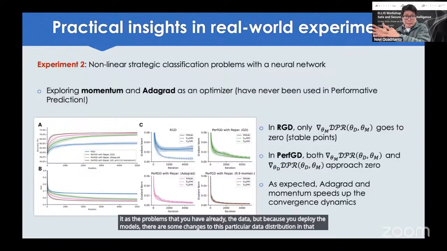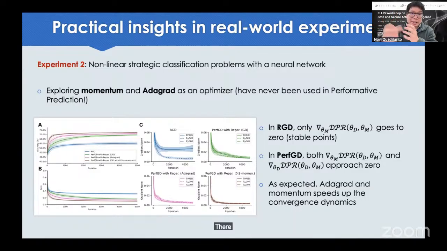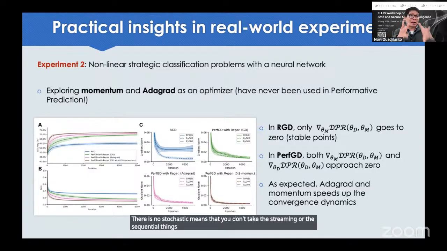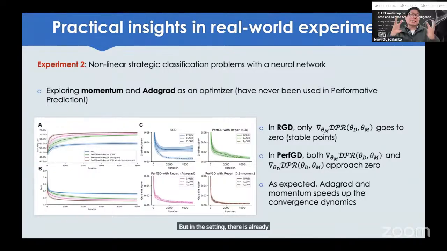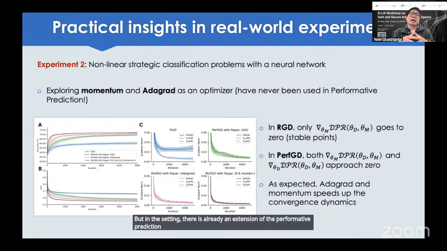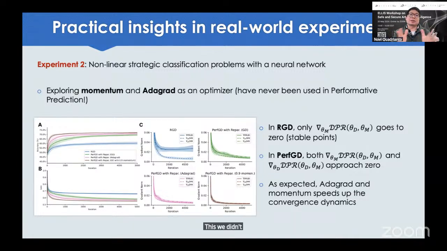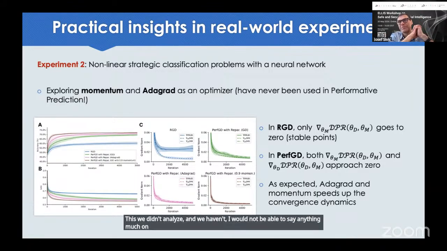In that setting, where there is no stochasticity, meaning you don't take streaming or sequential data, momentum and other graphs work. But there is already an extension of performative prediction to exactly what you're saying, where it is really stochastic in the sense that you don't have the whole batch of the data set, but you have a stream of it. This we didn't analyze, and I would not be able to say much on this. This is the setting of batch gradient descent.